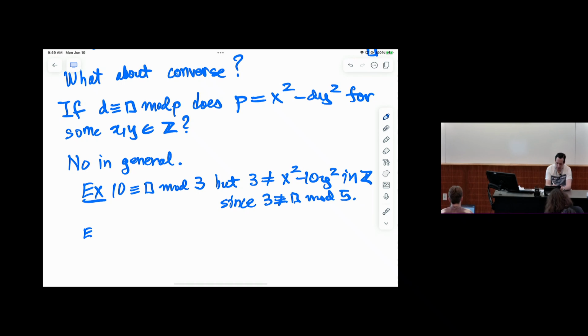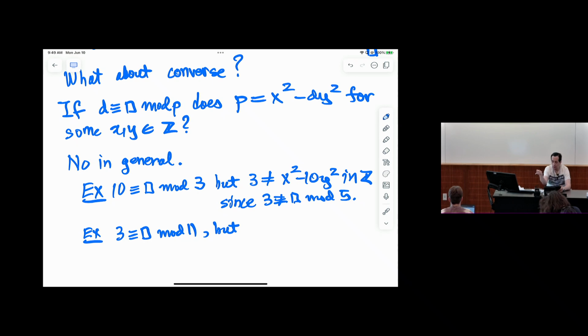And another example is that 3 is a square mod 11. Can anybody see why 3 is a square mod 11?